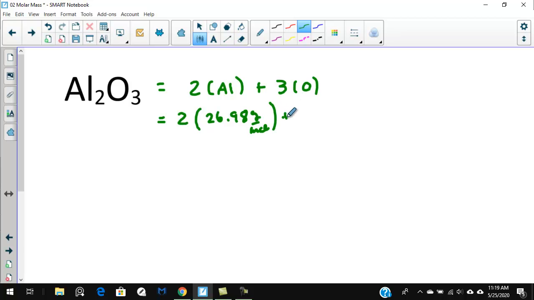And then oxygen, again, some of these you just start to memorize, 3 times 16 grams per mole. And again, if we go to the calculator and add that all up, we get 101.96 grams per mole.